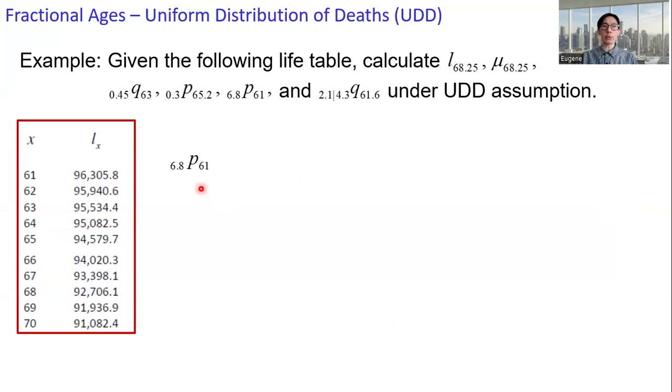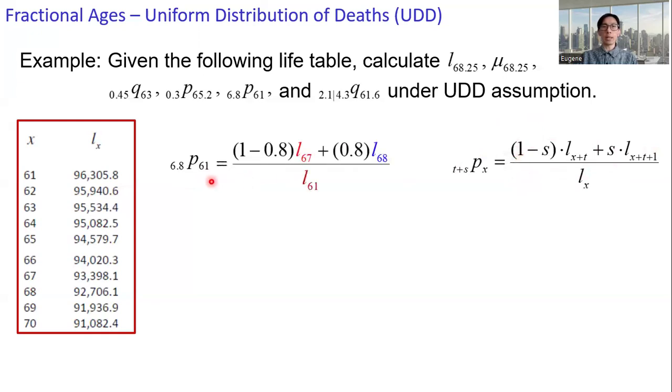The next one, 6.8 p61. I'll apply the interpolation formula, and I'll express this as x equals 61, so the denominator is L61. Then we have t equals 6, and s is 0.8.